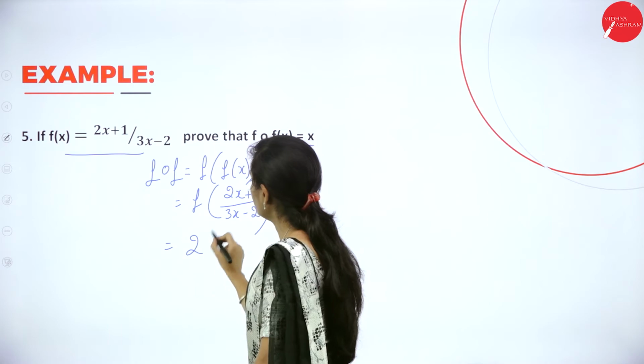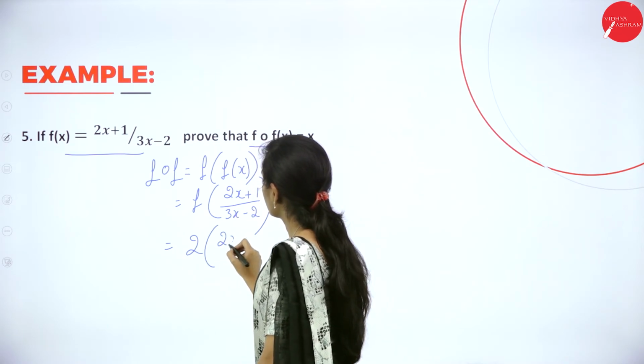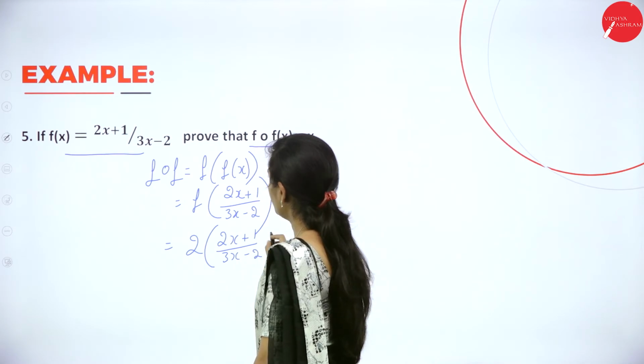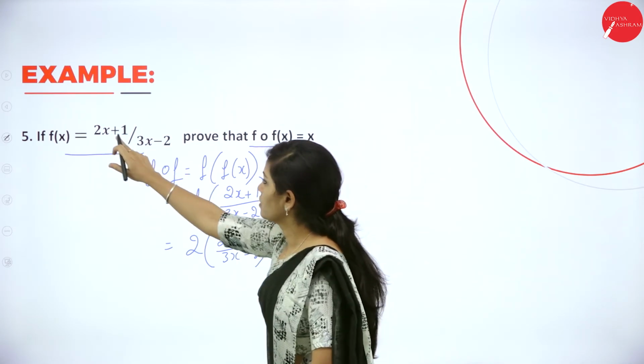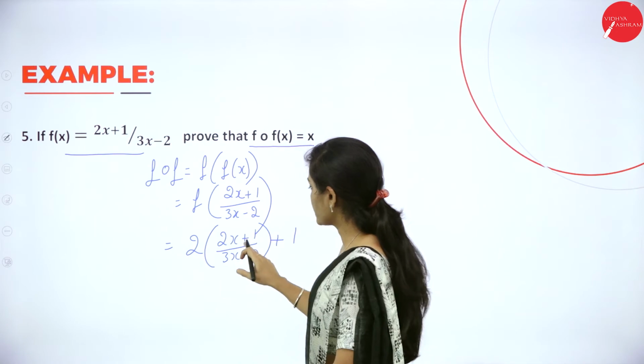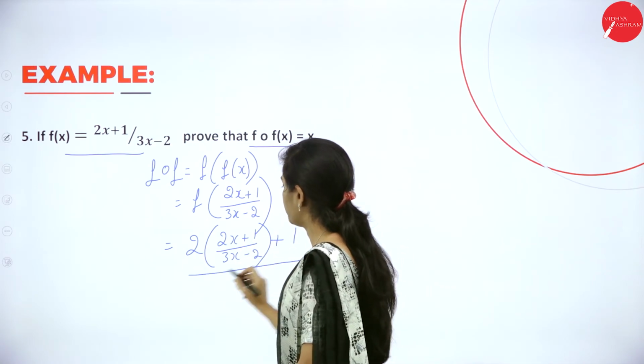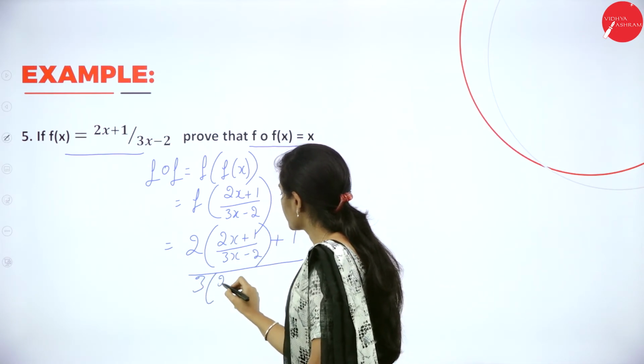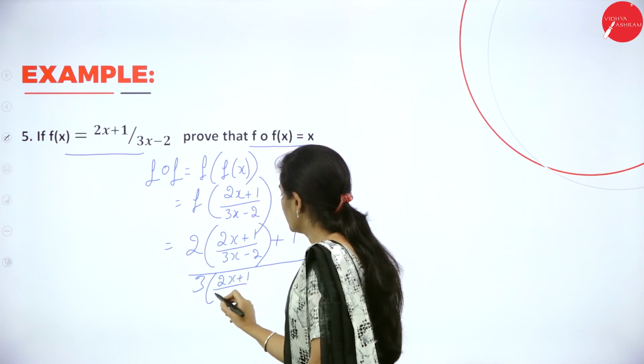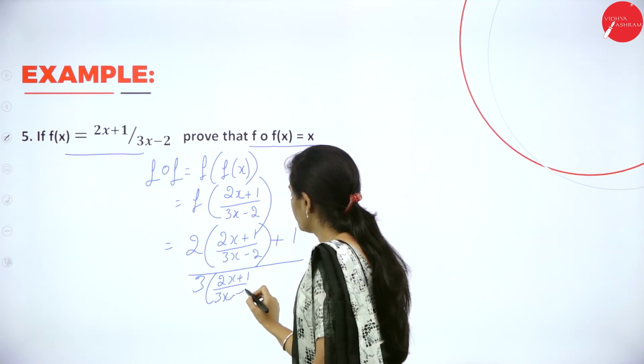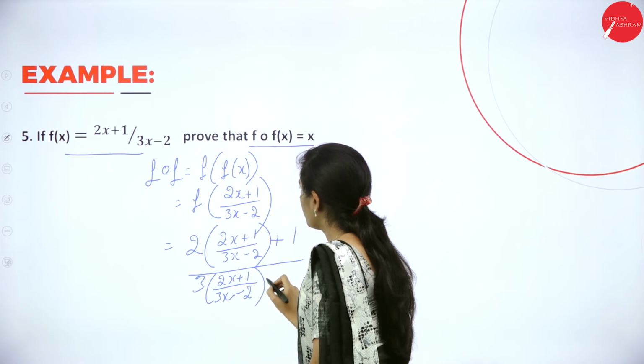So 2 into the x value is 2 times (2x + 1) divided by (3x − 2), plus 1, in the numerator, divided by 3 times (2x + 1) by (3x − 2), minus 2.